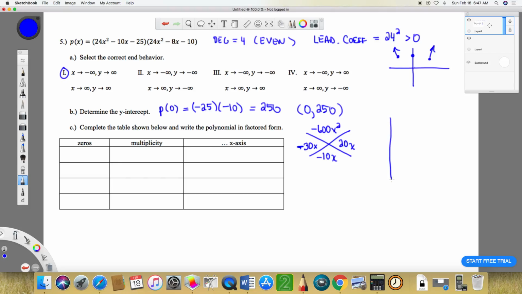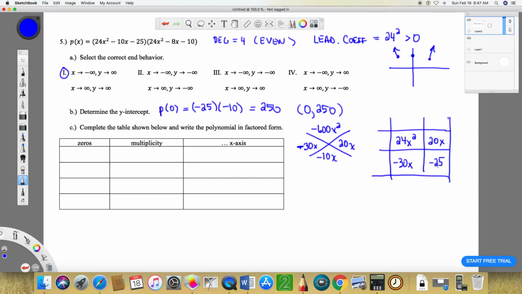So let's make a table. All right, first term and last term go along one diagonal. The values that we found in our x go along the other.